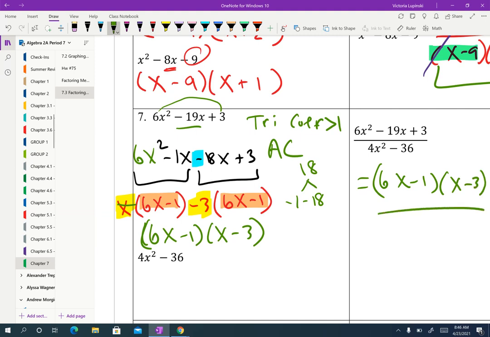Then for the next one, 4x squared minus 36. The first thing I hope jumps out at you is the fact that these do in fact have a common factor. So for 4x squared minus 36, you're going to start by factoring out the greatest common factor, which is 4.